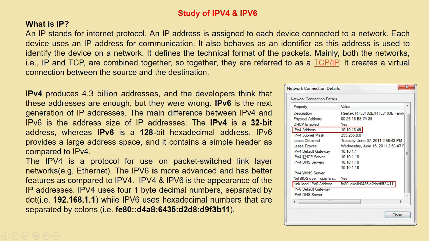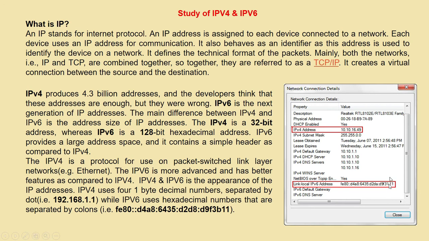When you go to the network connection details, it shows you the v4 IP of your system, just like here it is showing 10.10.16.49. And the link-local v6 address is FE80::D4A8:6435:D2DA:D9F3%11.